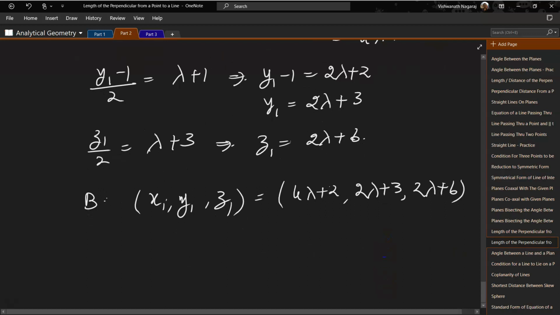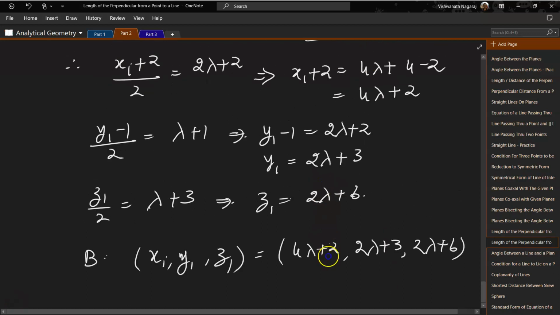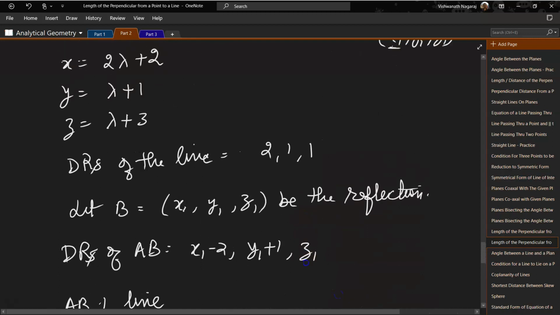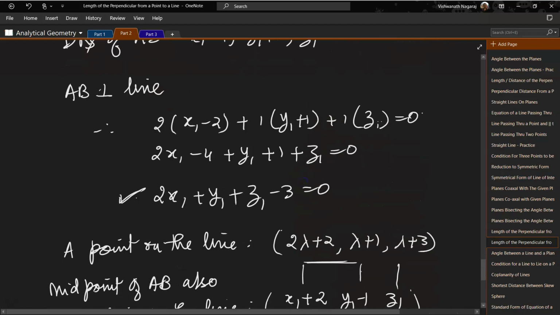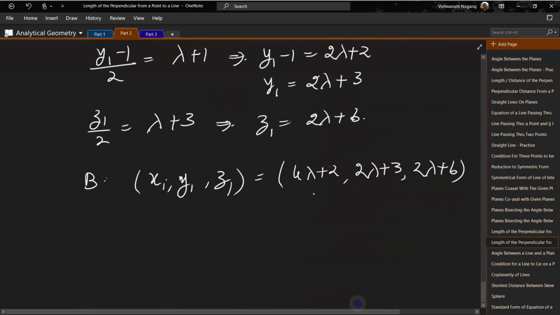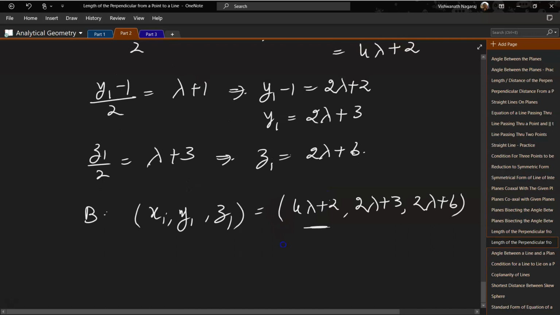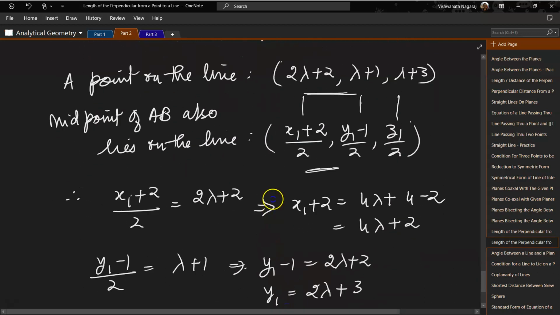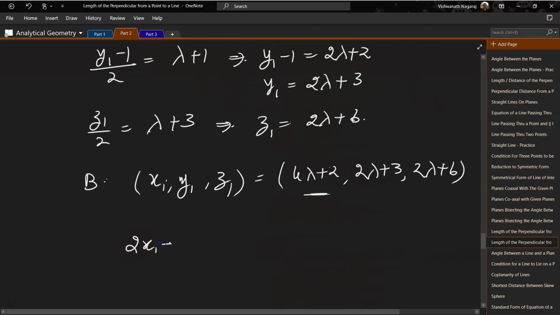And now we also have a plane on which these 2 points, the point A and its reflection, lie. So this should also lie on that plane. Let's substitute these values into the plane 2x1 plus y1 plus z1 minus 3 equal to 0.